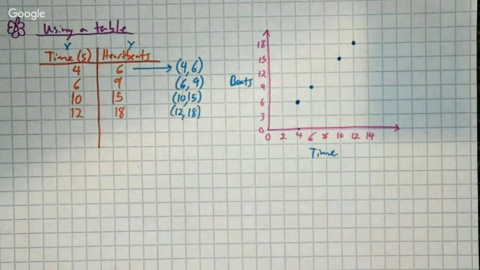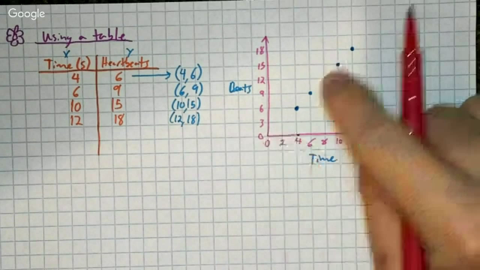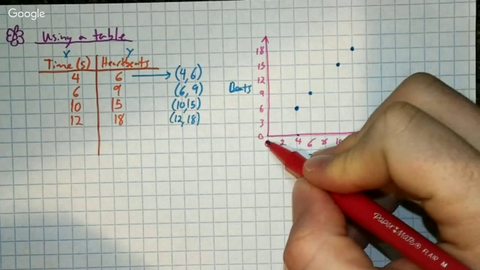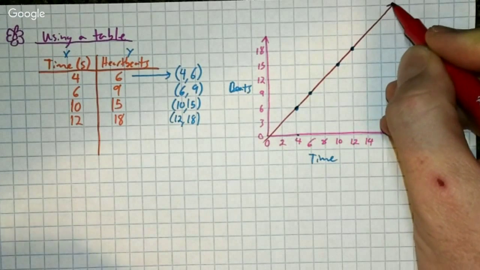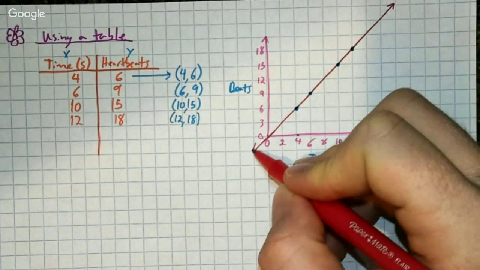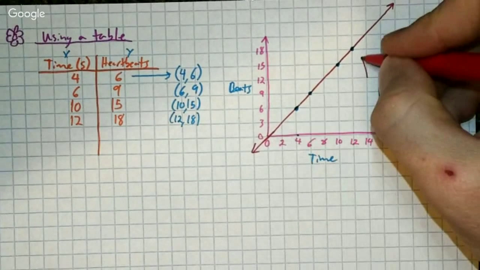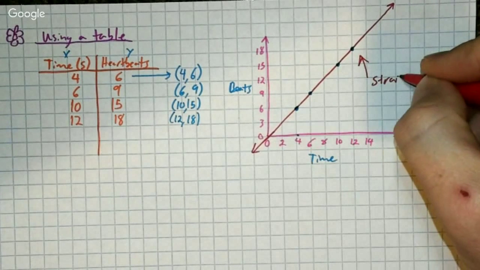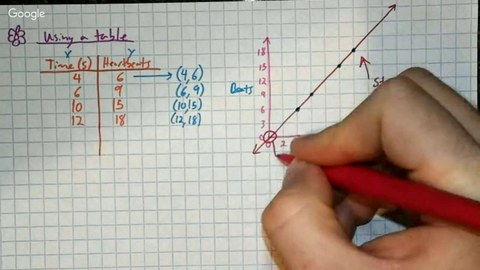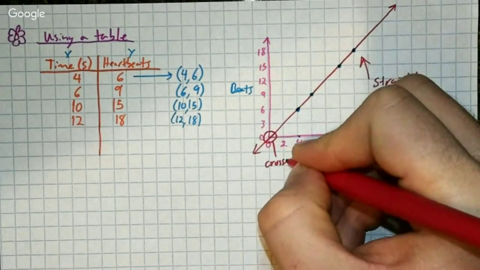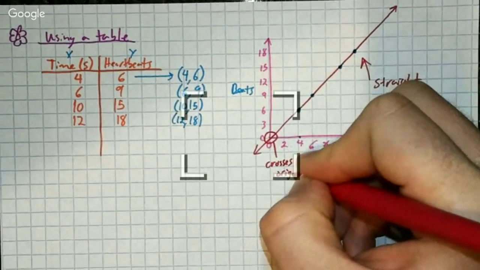Now, we can sort of see this happening here. What we need to do next is connect these. So you just draw a straight line connecting all of these. And would you look at that? You're going to see that it is straight and crosses the origin.